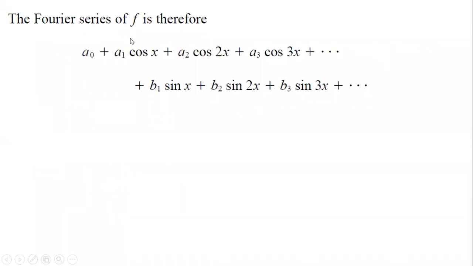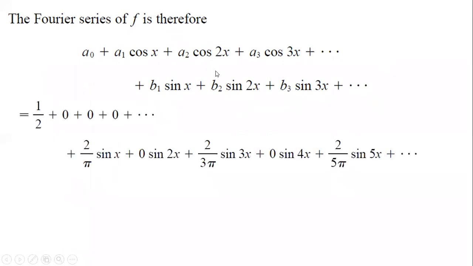Then the Fourier series of f can therefore be expressed in this form. So initially we have the value of a sub naught, which turns out to be 1 half. Then a sub n turns out to be equal to 0.